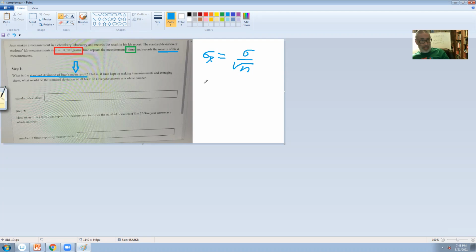So here we have the information. The sigma was given to you as 10. N was given as 4. So the standard deviation of the mean will be 10 divided by the square root of 4, which is 10 over 2, which is 5.